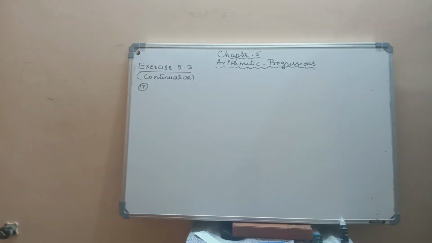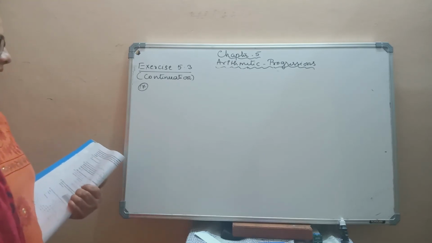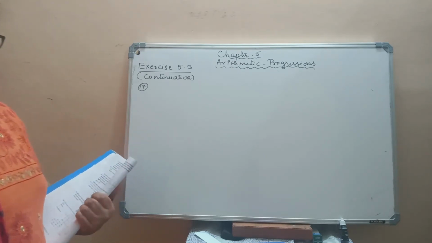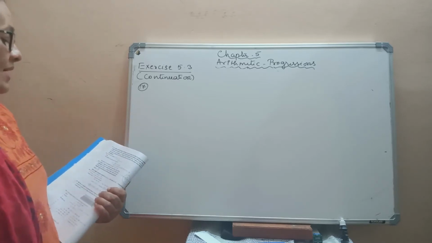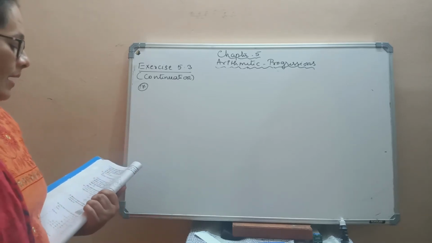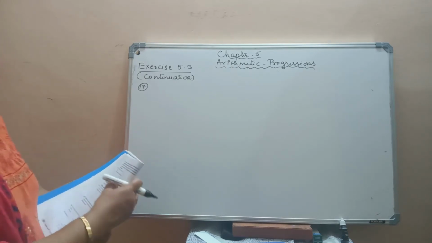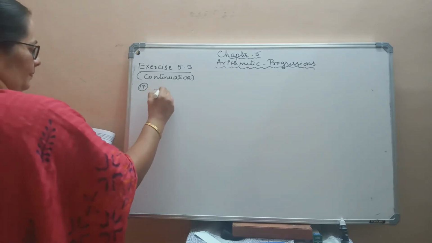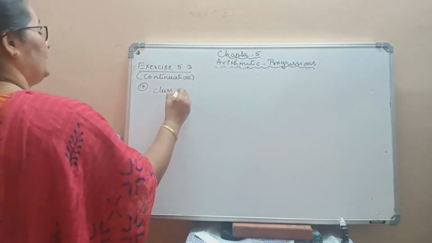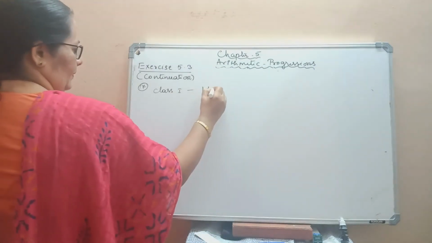Next is question number 17. School students thought of planting trees in and around the school campus to reduce air pollution. In that, each section of a class will plant trees equal to the class in which they are studying. For example, class 1: how many will plant? Only one tree.